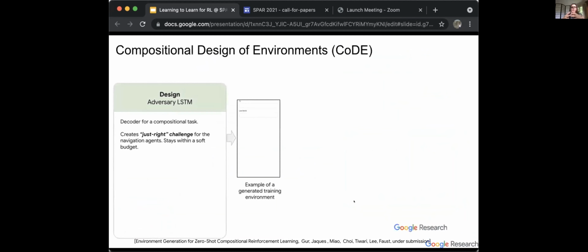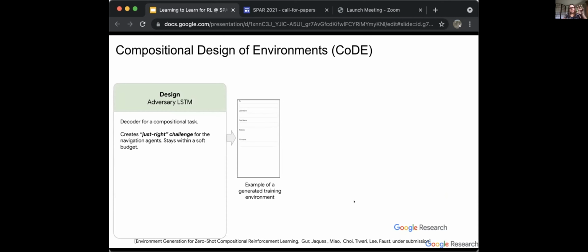So then the question becomes, how do we train this? If we train this with just small environments or very complex ones, we're not going to get anywhere because the space is too big and it's not tractable. So instead, we do two-agent training.